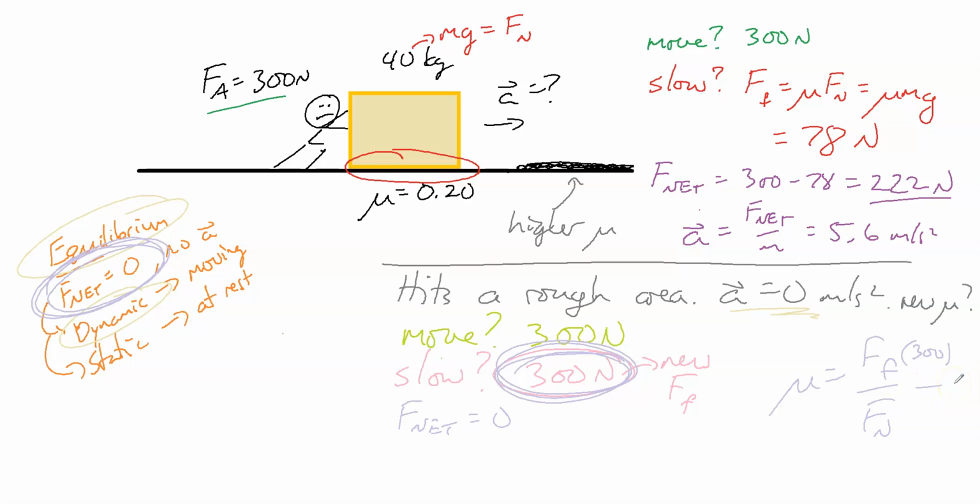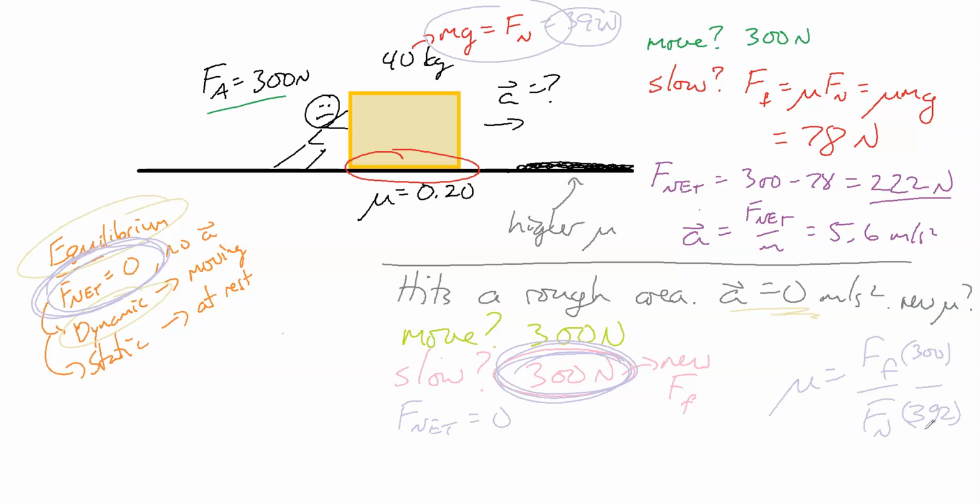My Fn is still going to be the mg for my box, which is 40 times 9.81. If we punch out that mg, this is actually 392 newtons. That's the actual weight of the box, which is also our N. So this is going to be 392 right there.